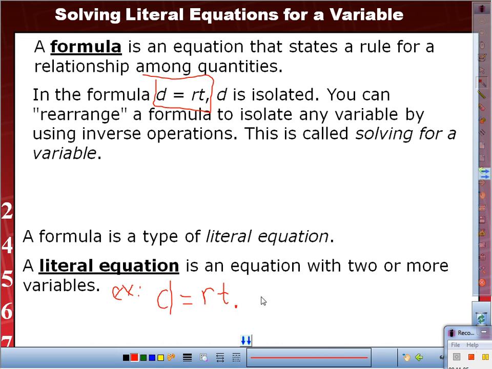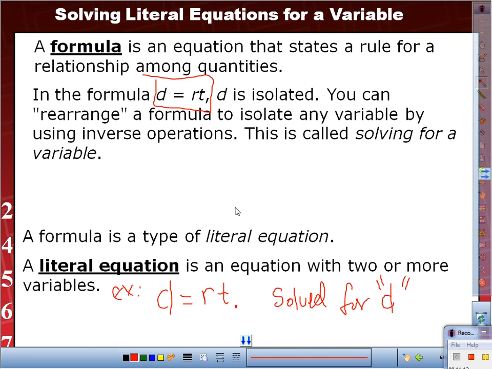And then you're going to write solve for D. Is D isolated? Yes. That means it's solve for D. Everybody done? Literal equations. Equations with two or more variables.